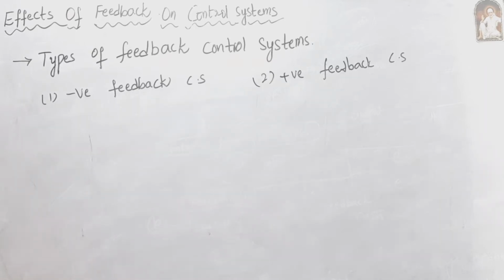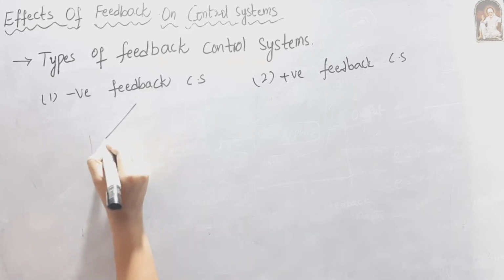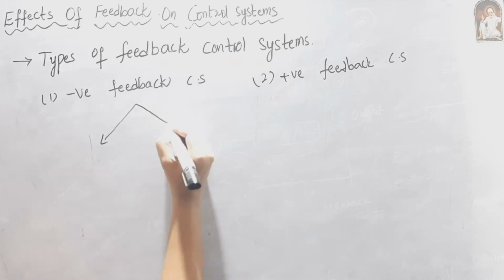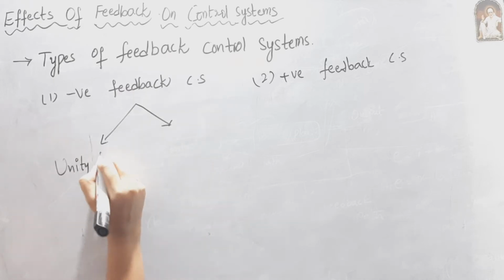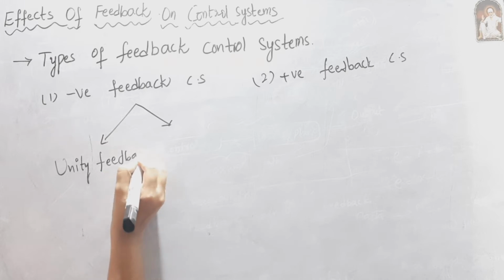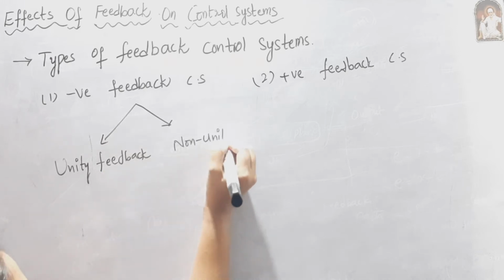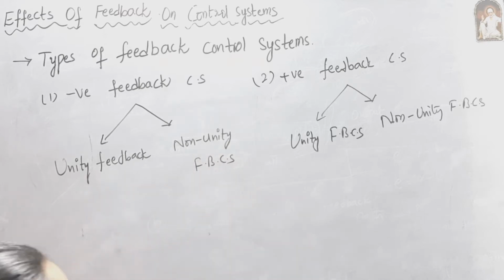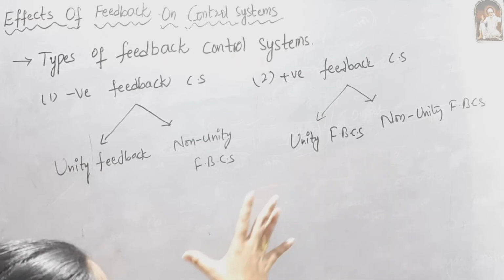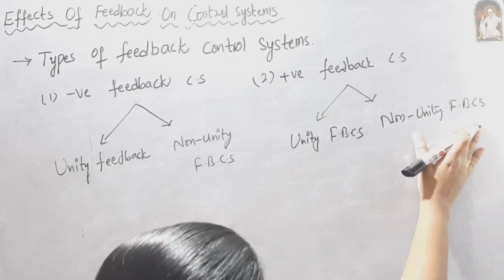Again, negative feedback control systems are classified into two types: unity feedback control systems and non-unity feedback control systems. Positive feedback control systems are also classified as unity feedback control systems and non-unity feedback control systems.